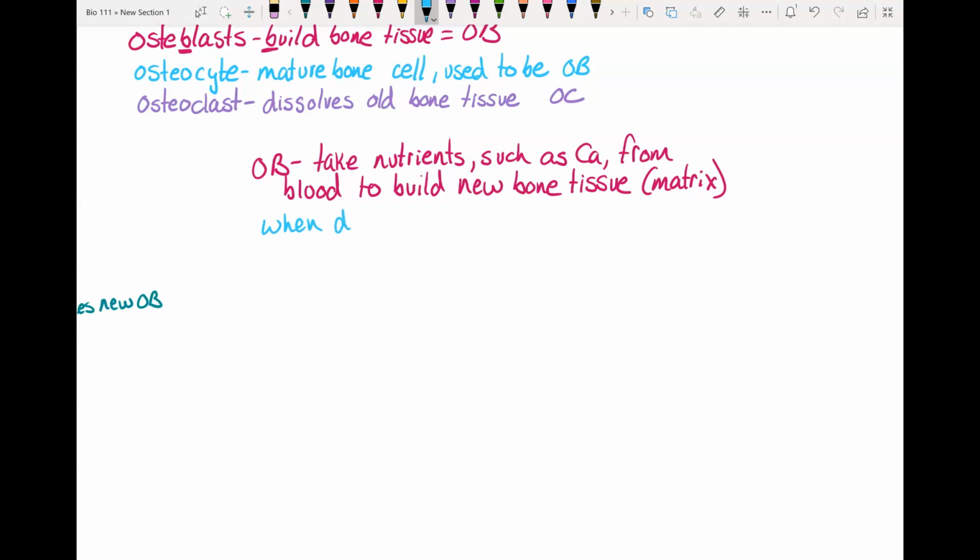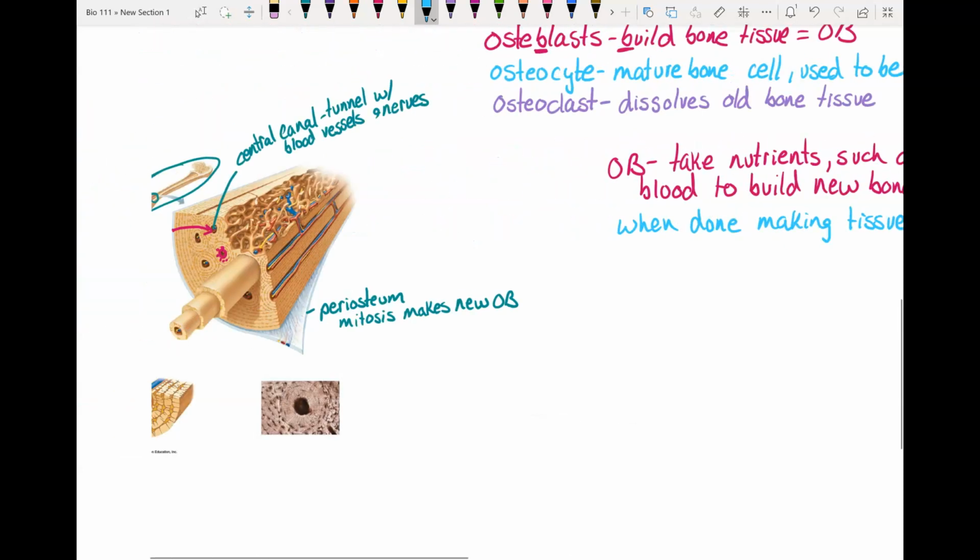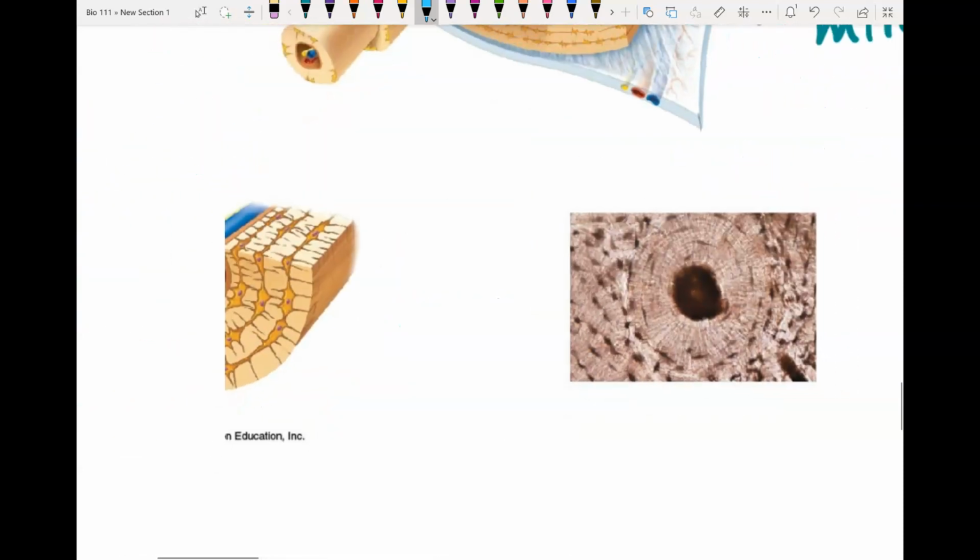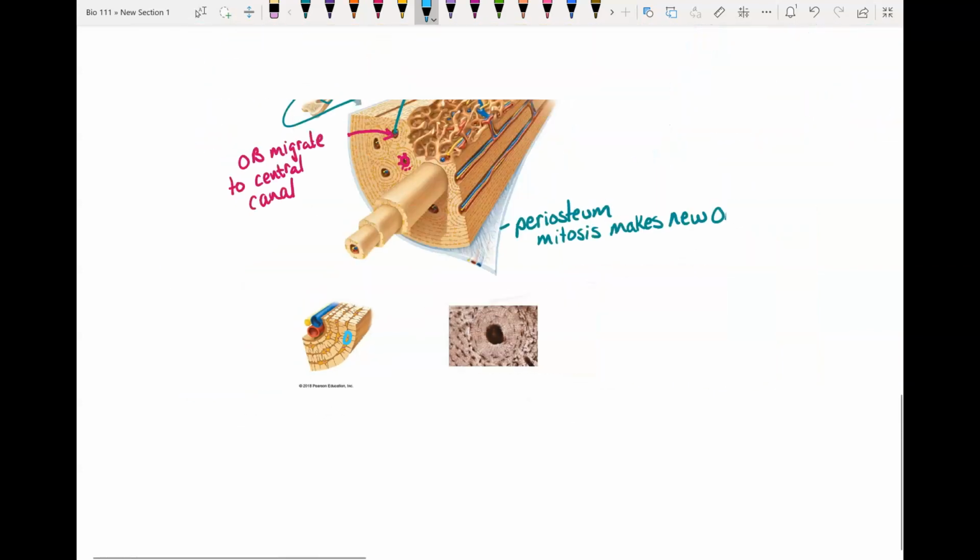So when they are done making the tissue, or the matrix, they become an osteocyte. And they're now trapped in the matrix. So here you can see this, there we go, there's one of those cells circled. Each one of these is an osteocyte, and they're trapped in that bone matrix.